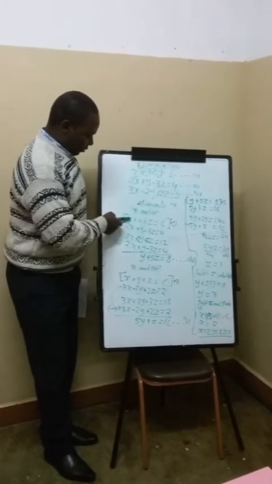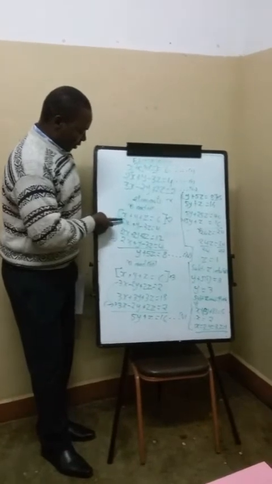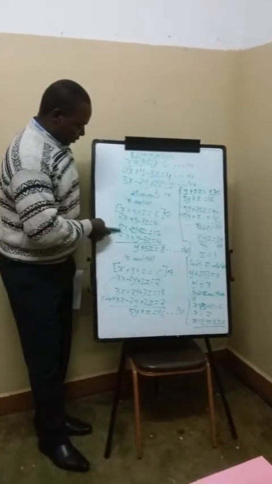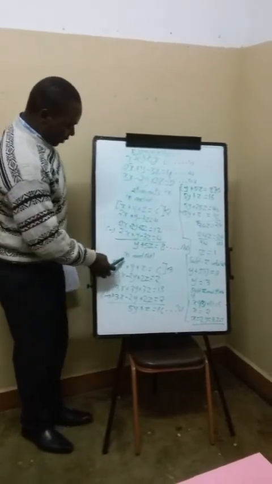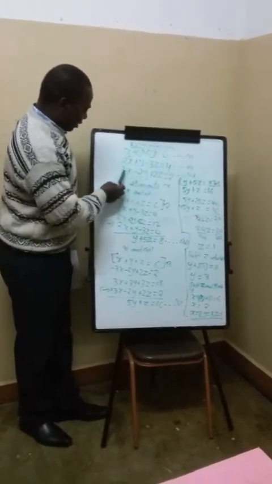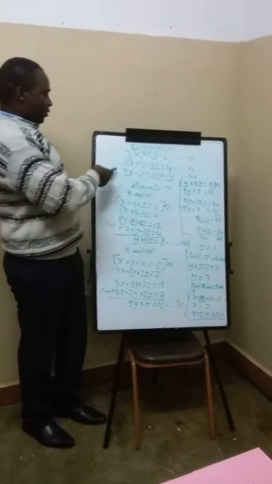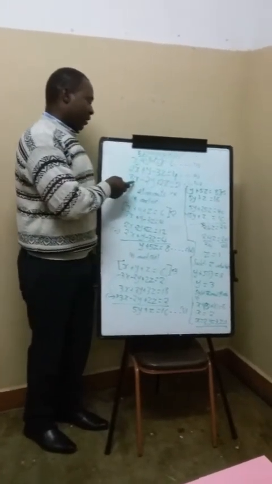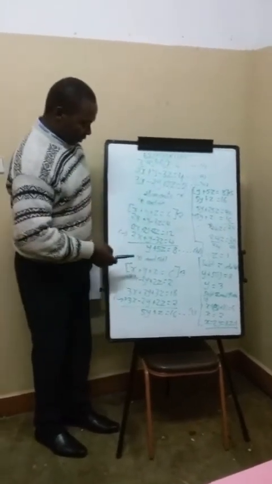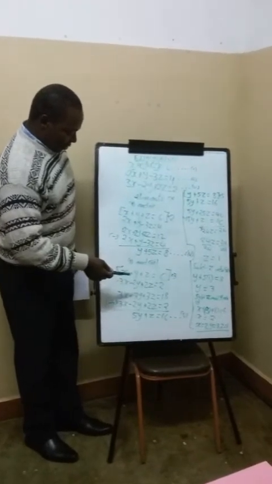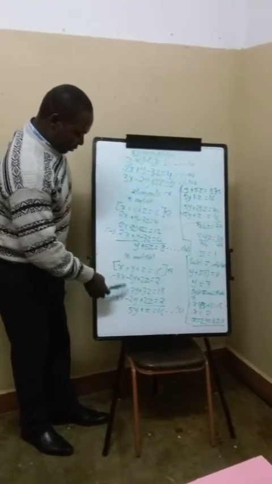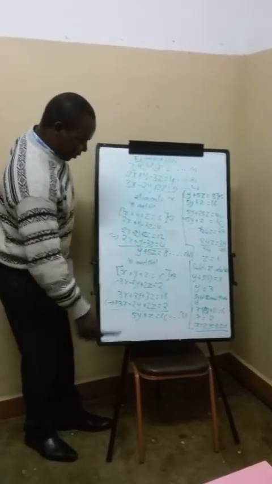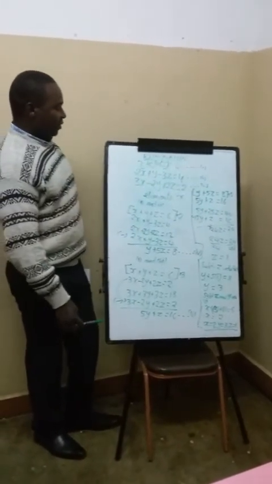So we multiply the whole equation by 2 so that they are the same. Then we subtract and we get equation 4. We do the same using equation 1 and equation 3. You can even choose to do it using 2 and 3 so that it becomes easy for you to eliminate. Okay, so here we eliminated and found equation number 5.